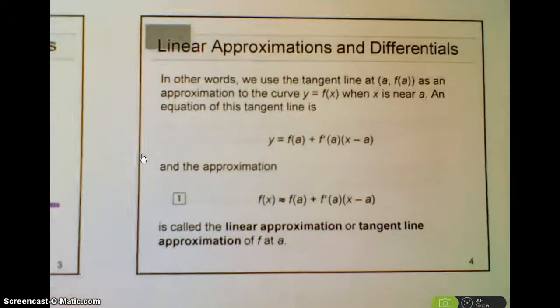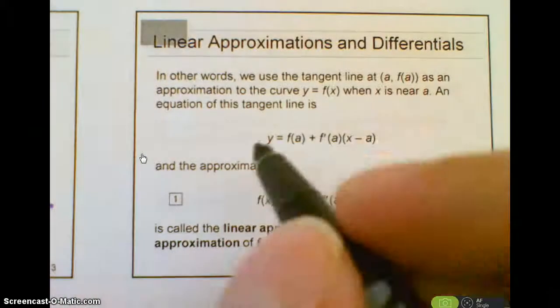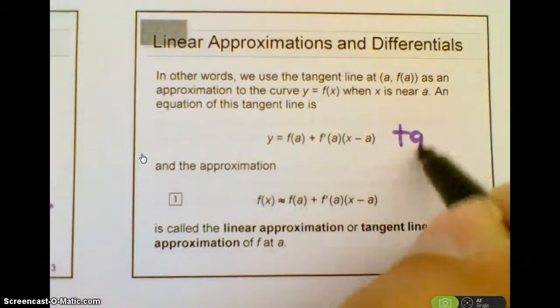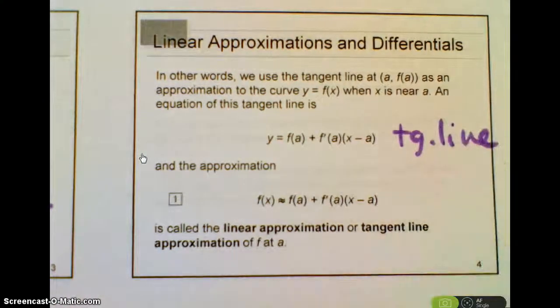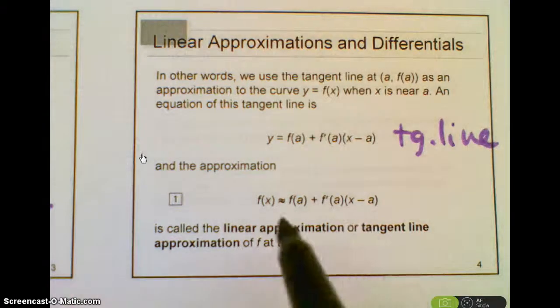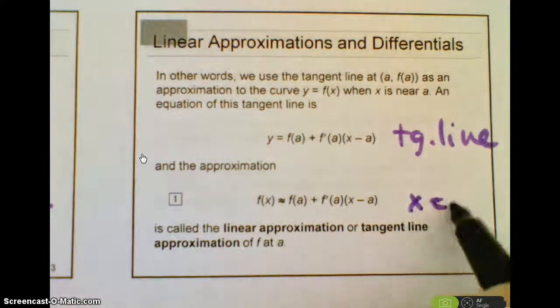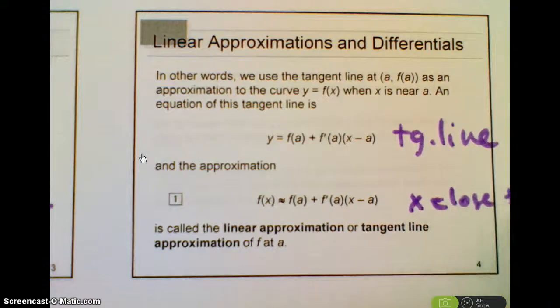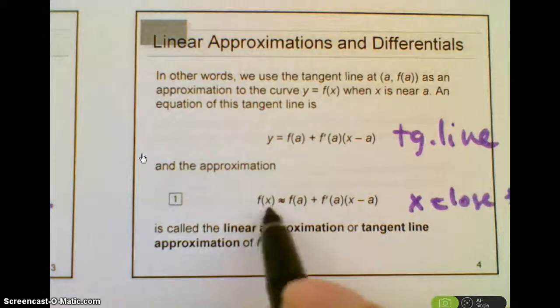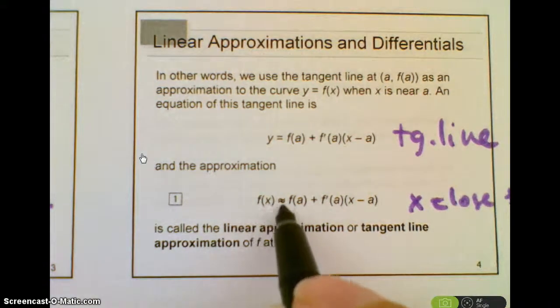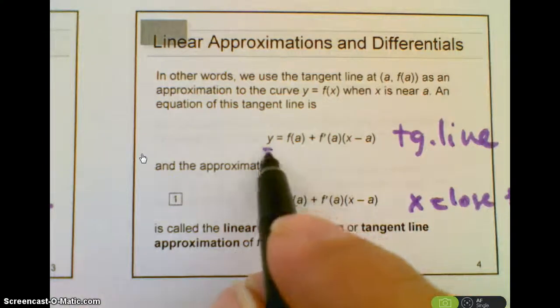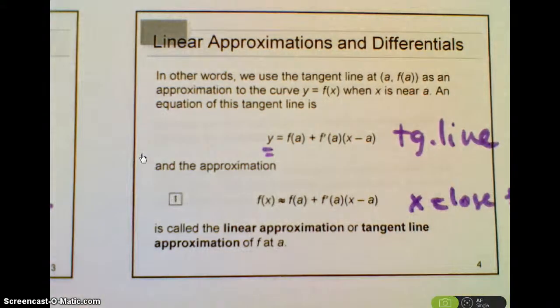So we see here that this is the equation of a tangent line. And then whenever x is close to a, f of that value is almost the same as the y value from my tangent line.